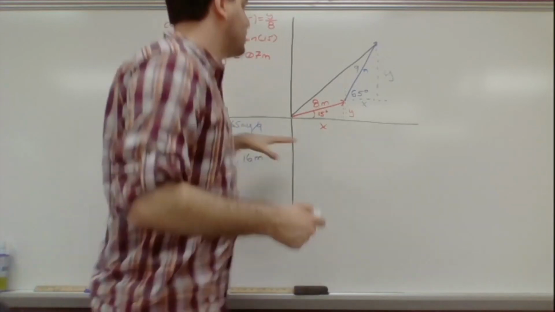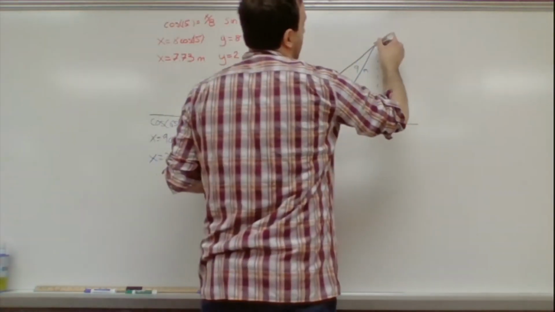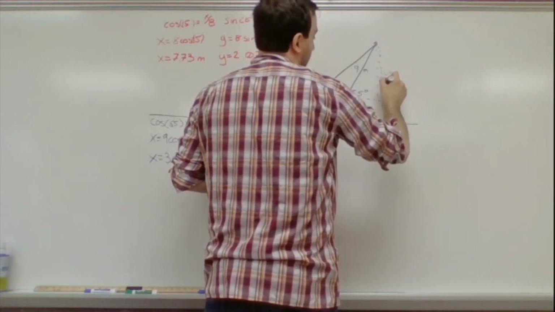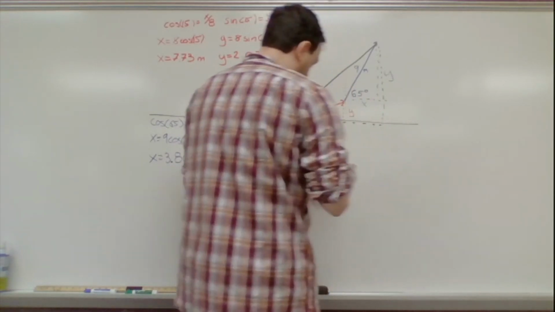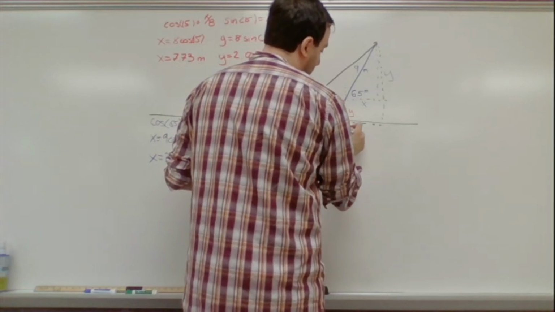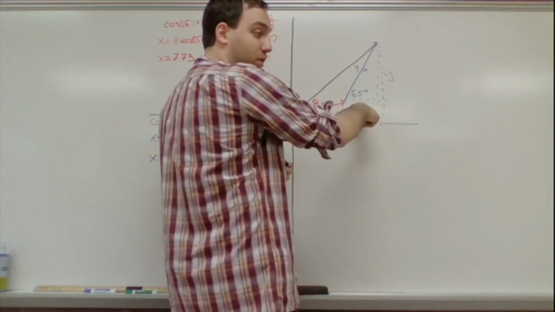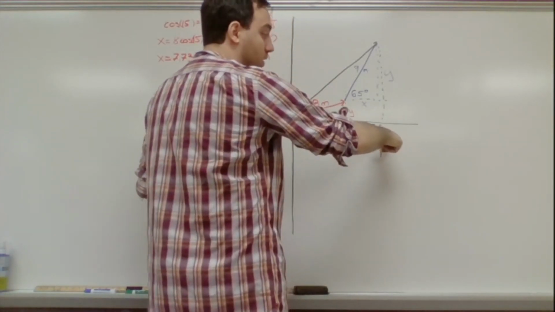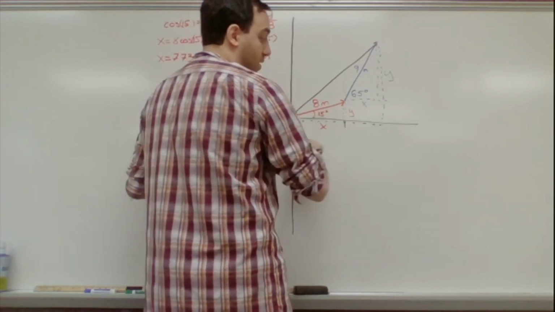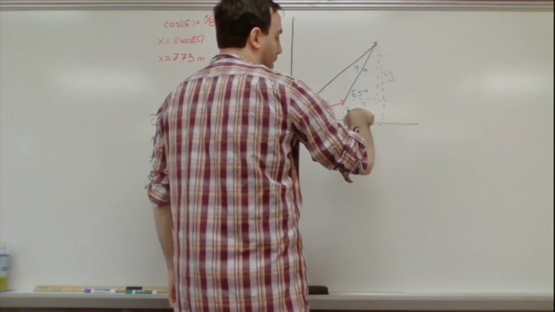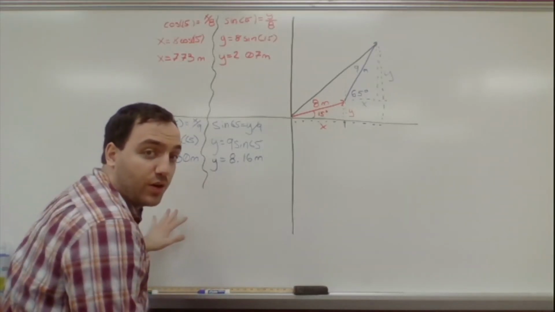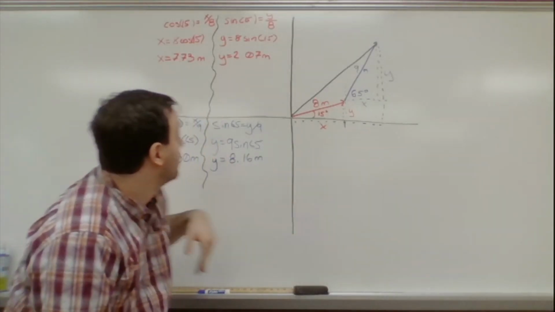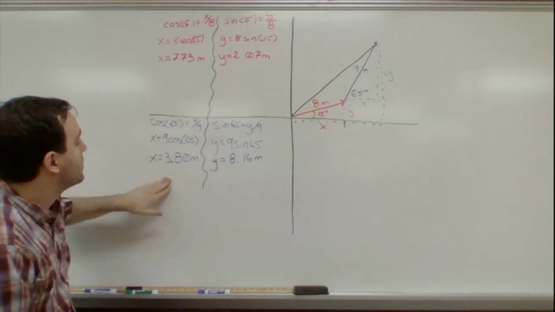We're looking for this black vector, which would be this entire thing, which is simply red plus blue in the x direction, or red x plus blue x, and red y plus blue y. Total in the x direction is just going to be all your parts in the x, red plus blue. So 7.73 plus 3.80.